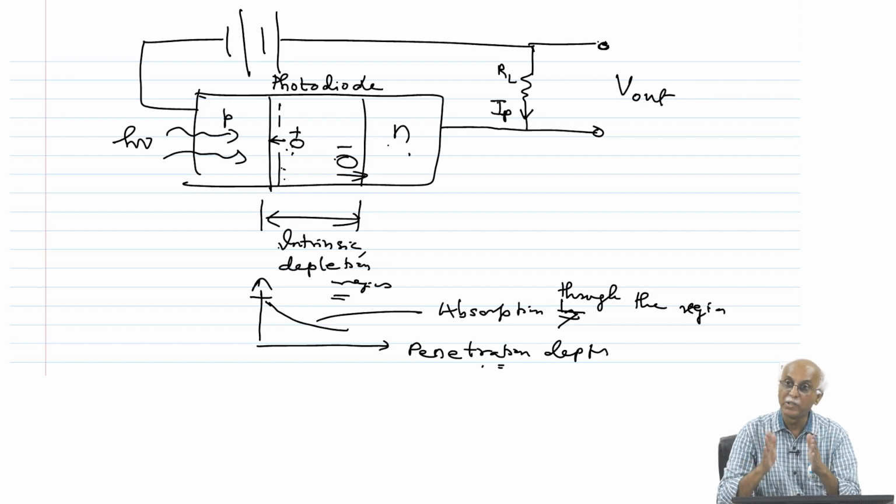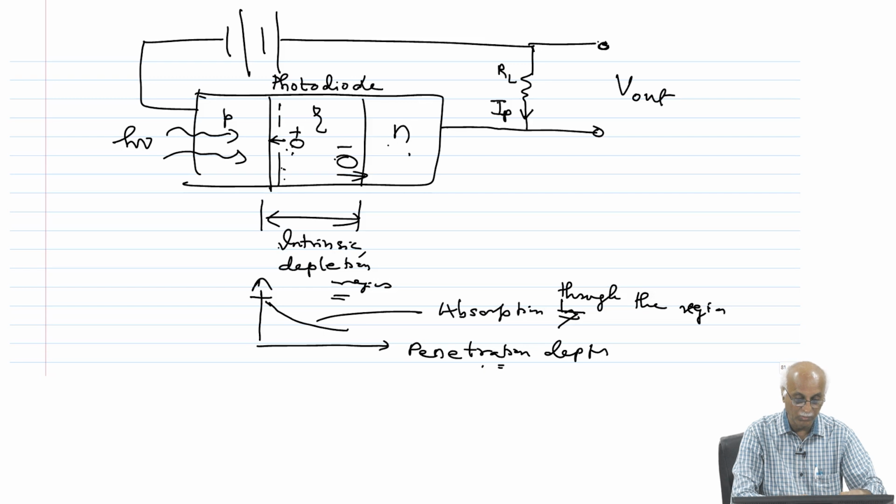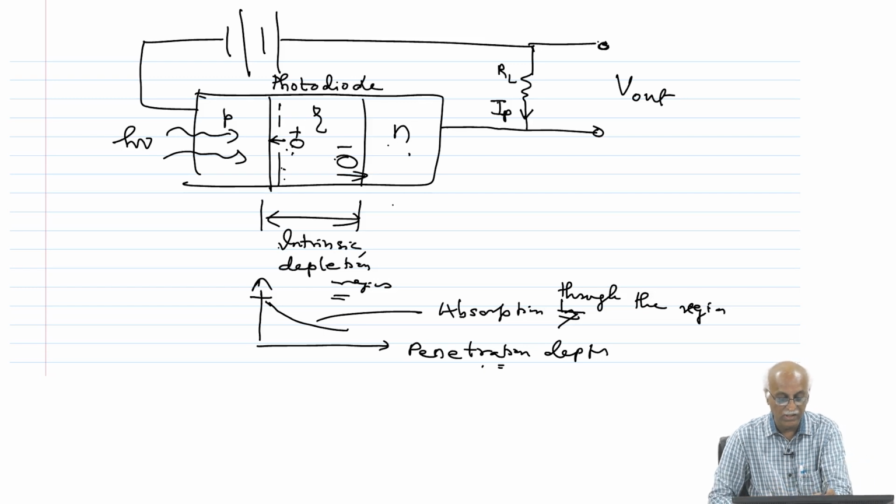Another point is that this reverse bias approach with the intrinsic depletion region in between, the PIN, the intrinsic region or I region, allows low capacitance in terms of measurement and faster response characteristics. So the response is fast because of this PIN combination, the intrinsic region.